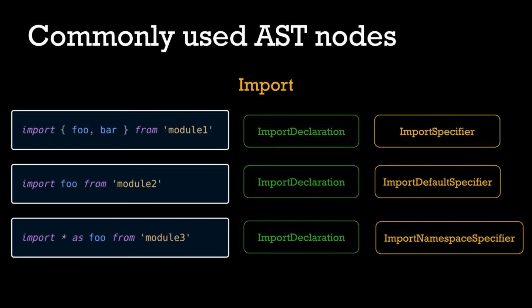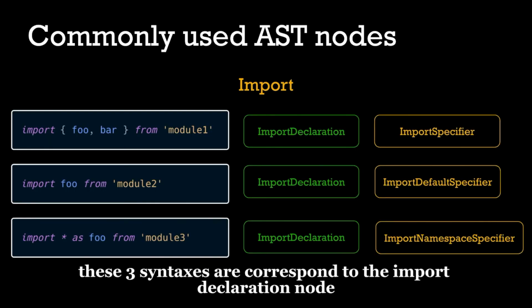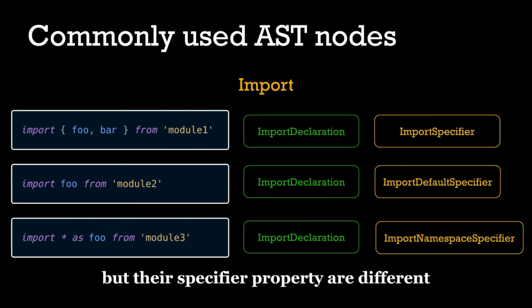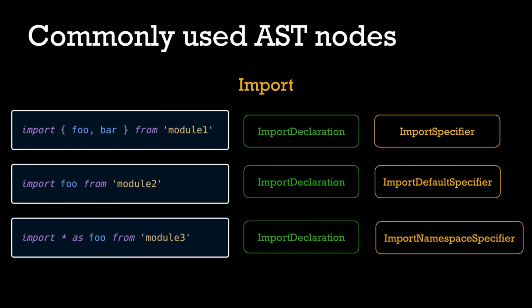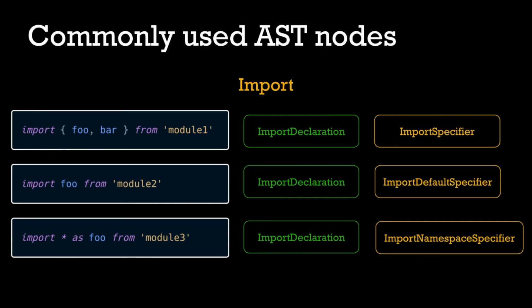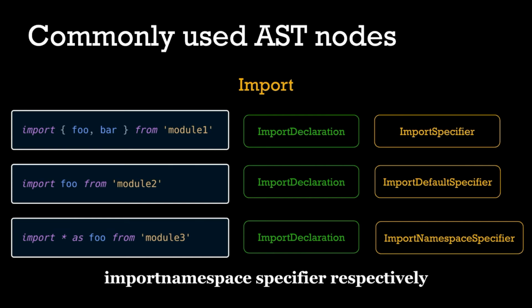These three syntaxes correspond to the import declaration node, but their specifier properties are different, corresponding to import specifier, import default specifier, and import namespace specifier respectively.